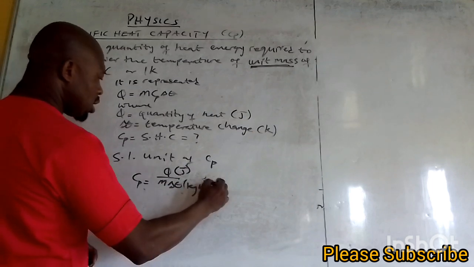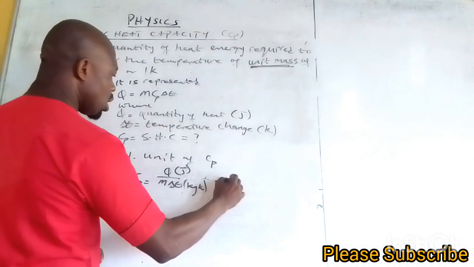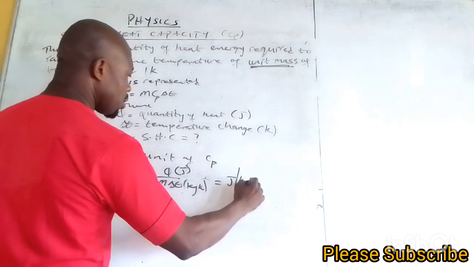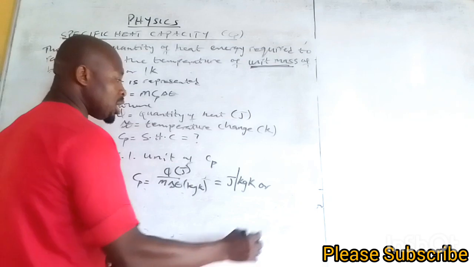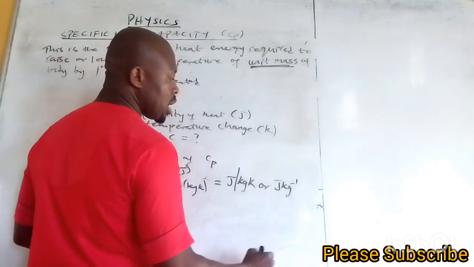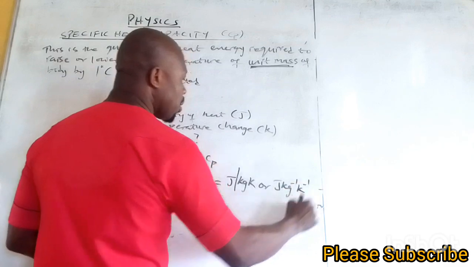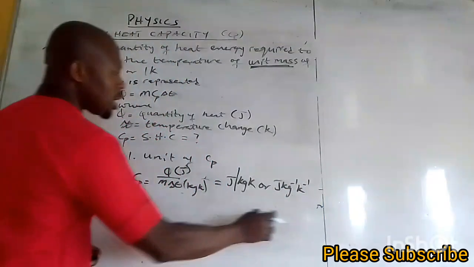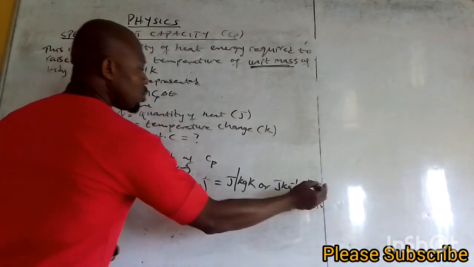We now have that the SI unit is joule per kg per Kelvin. Okay, let us see one of the problems to solve.